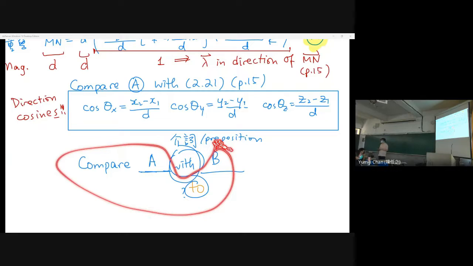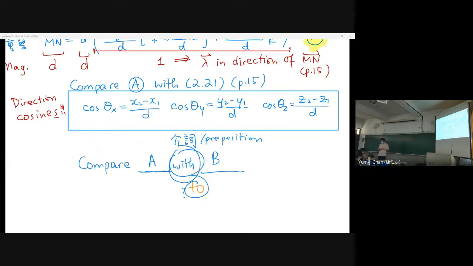Or you have another answer? So is this correct or is it wrong? The answer is like this.